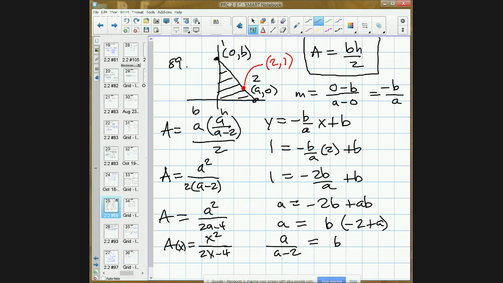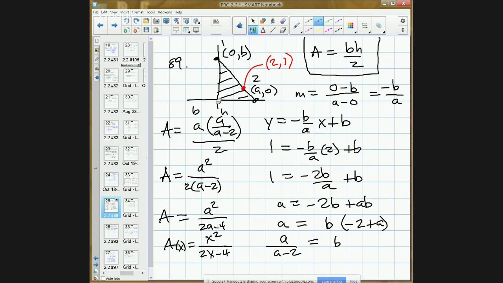Yeah, so this is kind of a stinker. Of course, the area of a triangle is BH over 2. And for me, the key was finding the slope. I mean, these are obvious. The y-axis is vertical, the x-axis is horizontal, but you know what angle this is on is going to make a big difference. So let's find the slope.